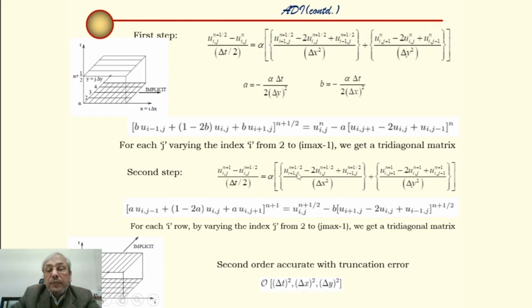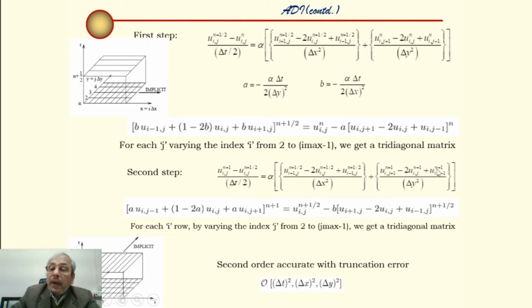Here, central difference operator on the dependent variable in x direction at n plus half level. And here again, central difference operator on the dependent variable in y direction at n plus 1 level.